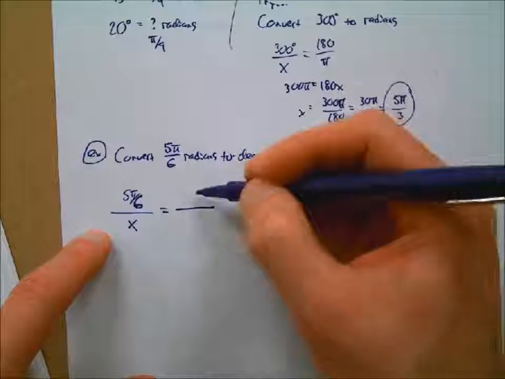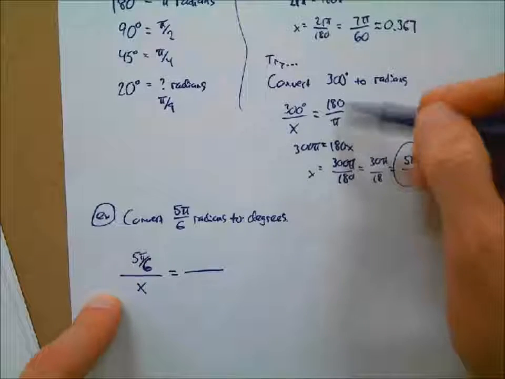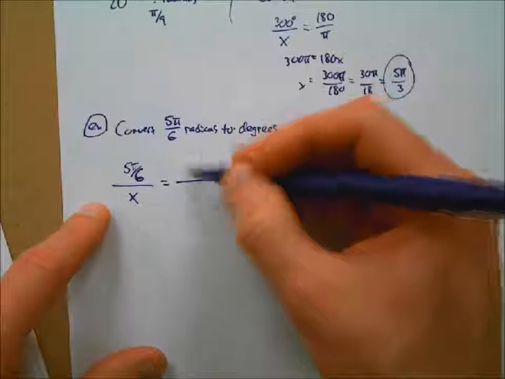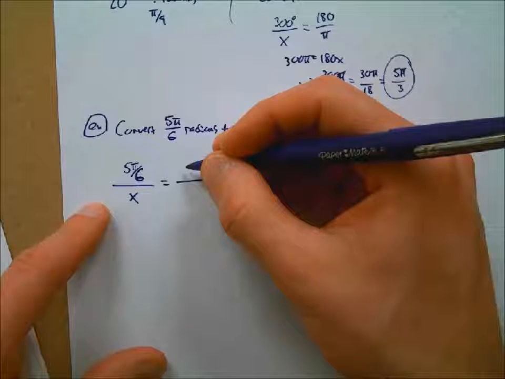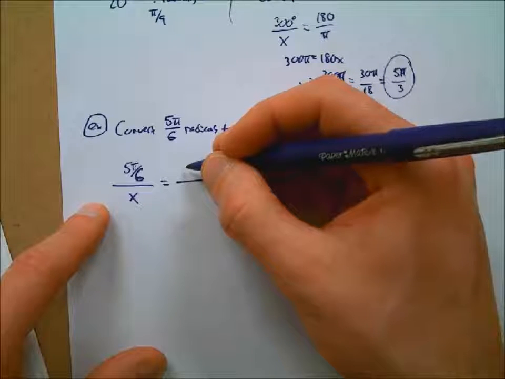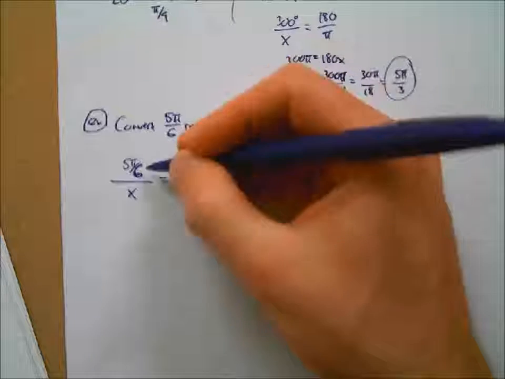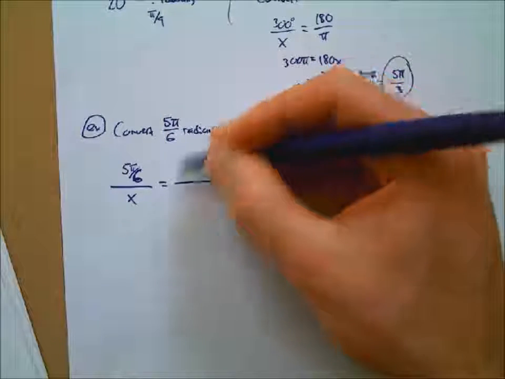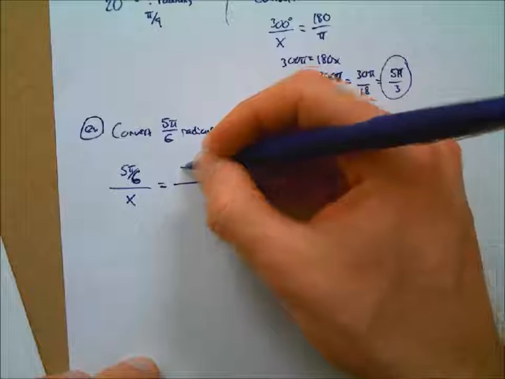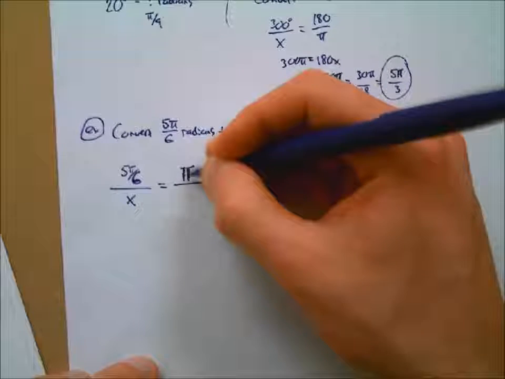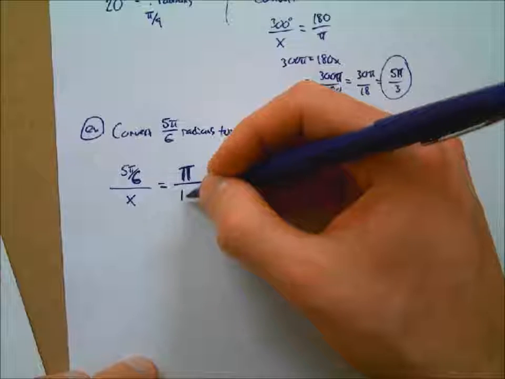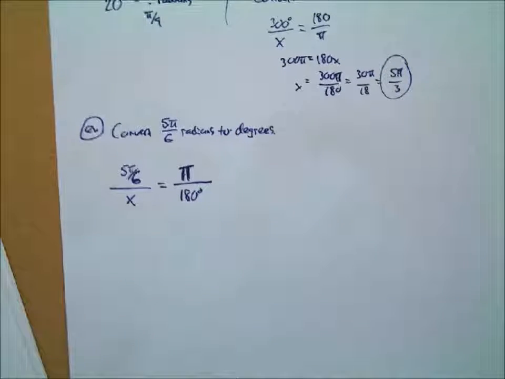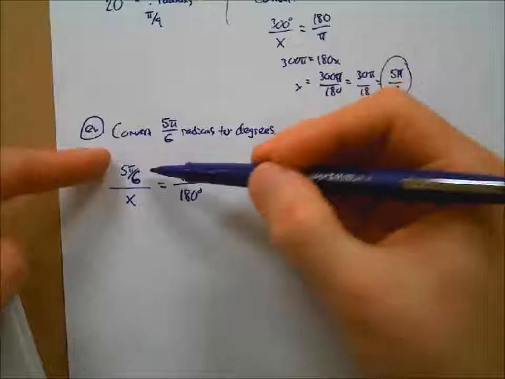If I was using that 180 and the pi again, which one of those should go on top here? Well, it's a radian measure on top, so what's another radian measure that we know? Well, it's the pi. Yeah, we know the pi. And then what measure goes here on the bottom? The 180 degrees. Again, it was radians over degrees, radians over degrees.